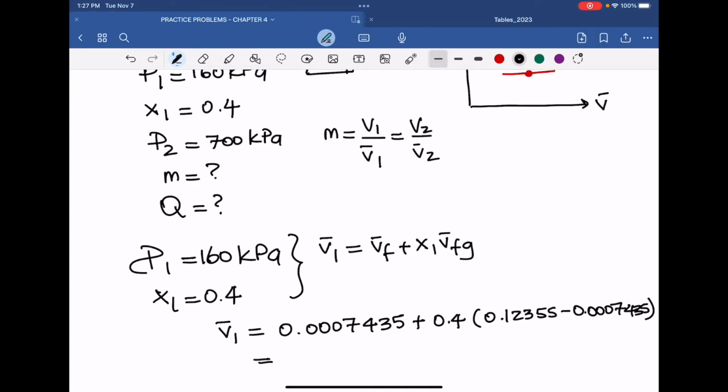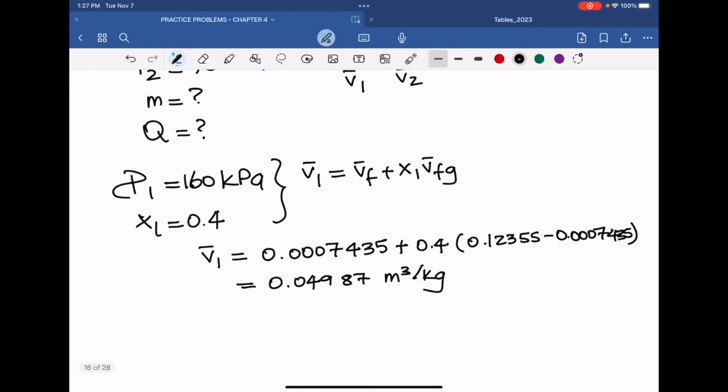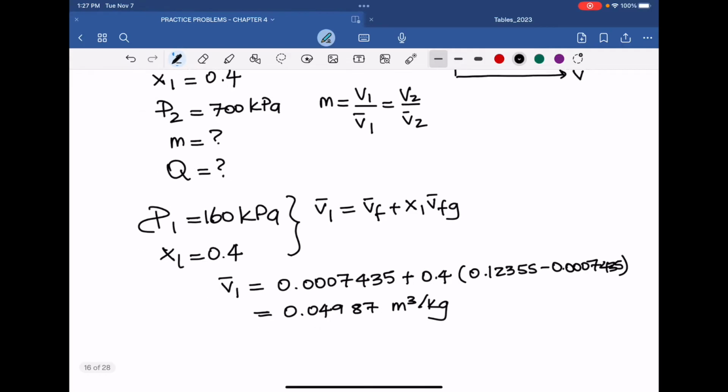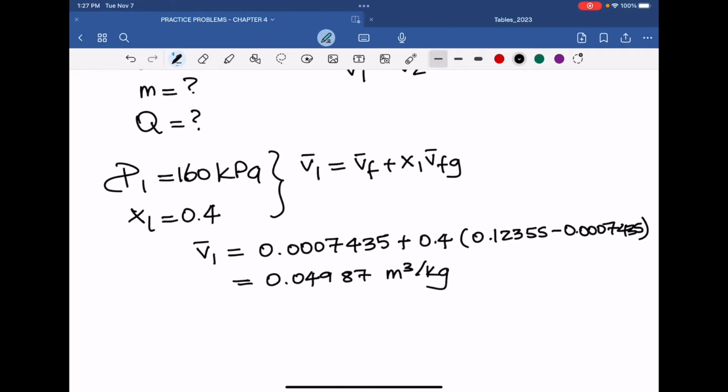And then okay, the next thing is the second state. The next thing is we were trying to calculate the mass, right? We can calculate the mass.